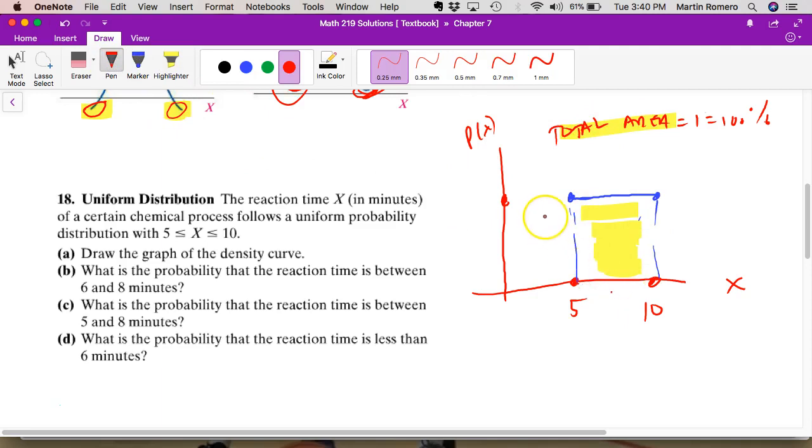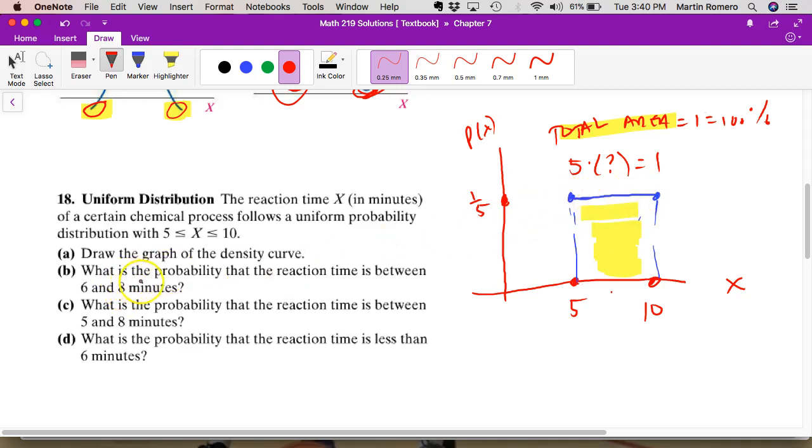And so, 5 times what equals 1? That value here has to be 1/5. And so we now know how high this is.